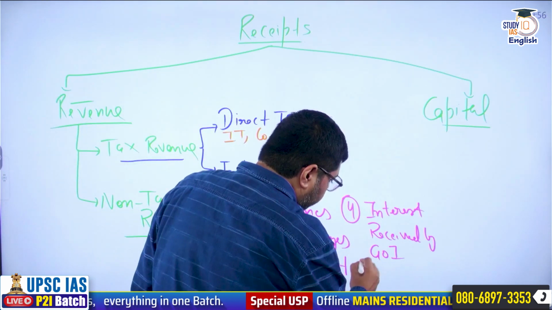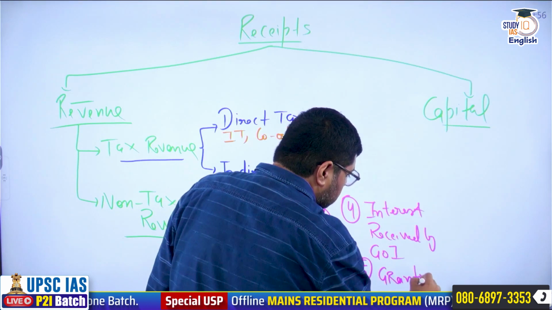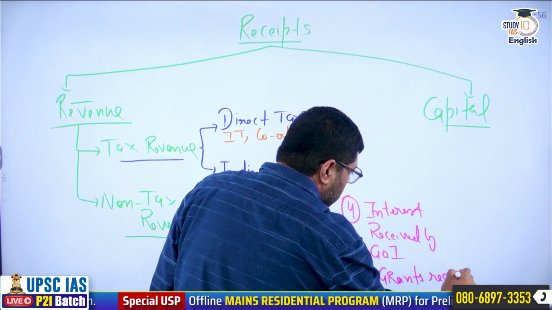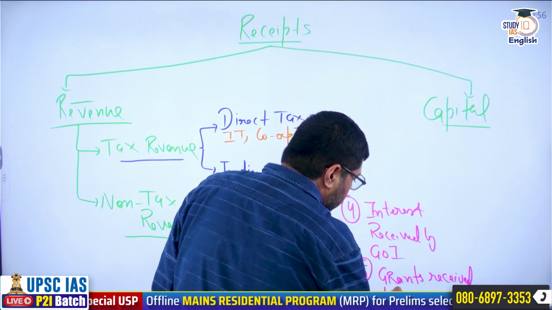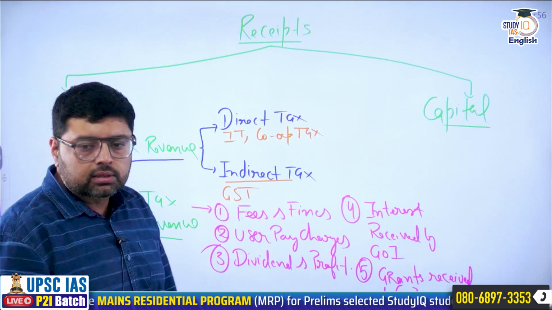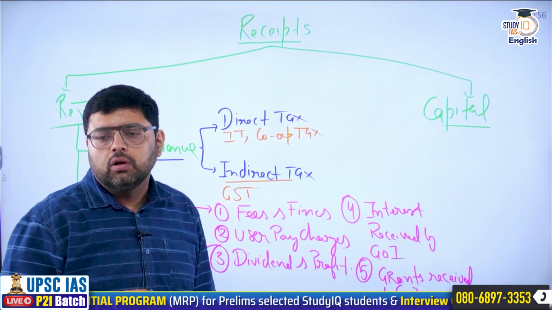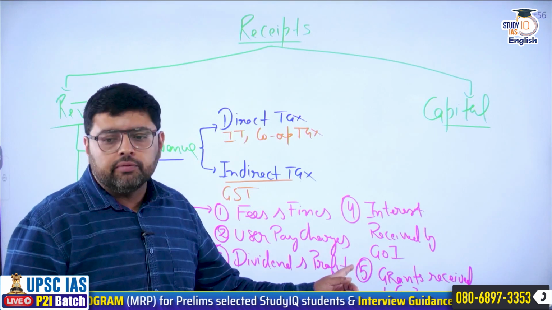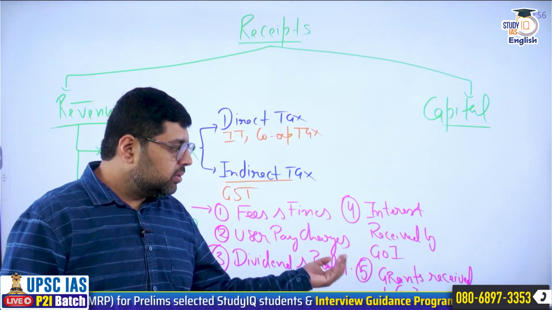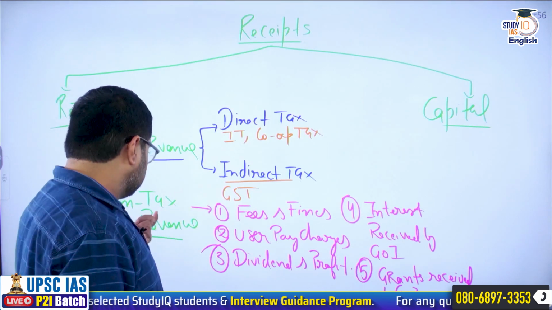And finally, non-tax revenue includes whatever grants received by Government of India. So remember, whenever Government of India is giving grants, that is a part of revenue expenditure. But whenever Government of India is receiving grants, that is a part of non-tax revenue.